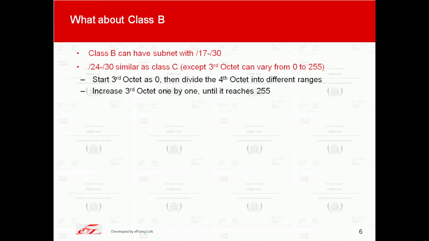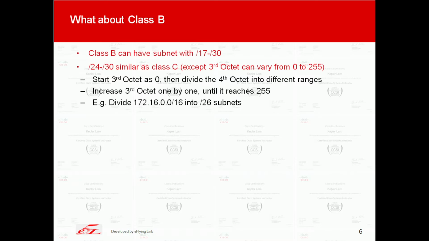Let's see an example. If we want to divide 172.16.0.0/16, which is a class B address, into /26 subnets, because on the fourth byte we use a similar technique.